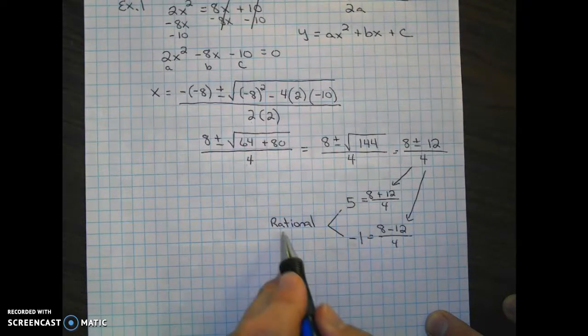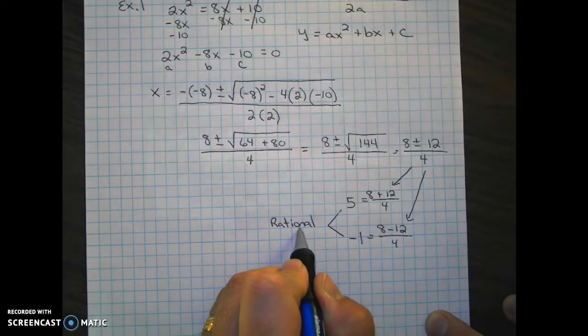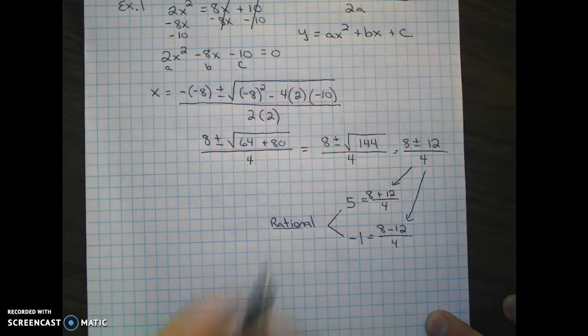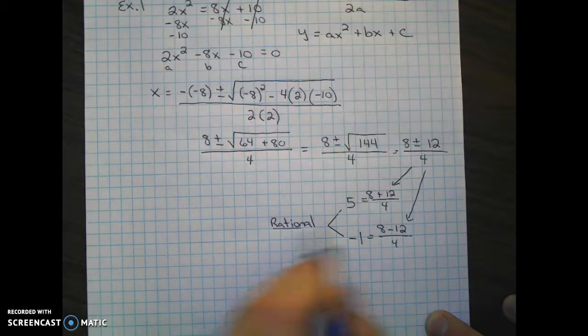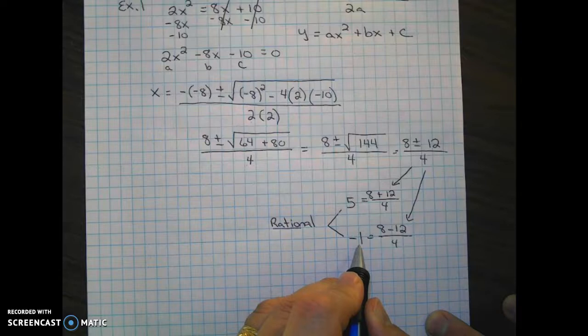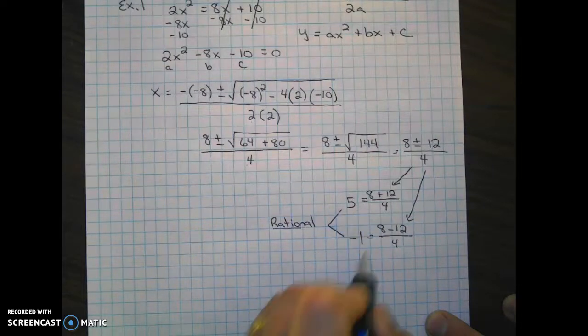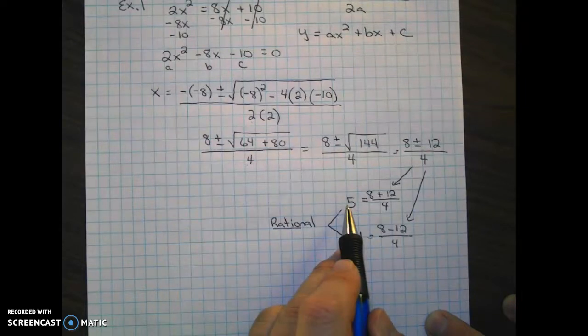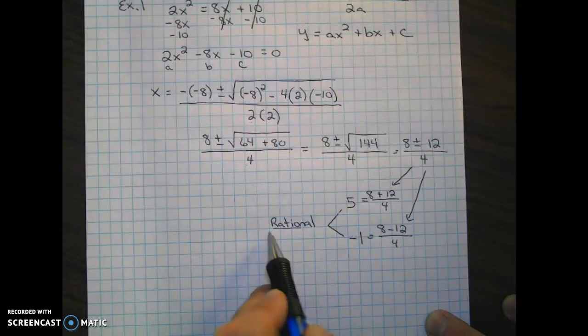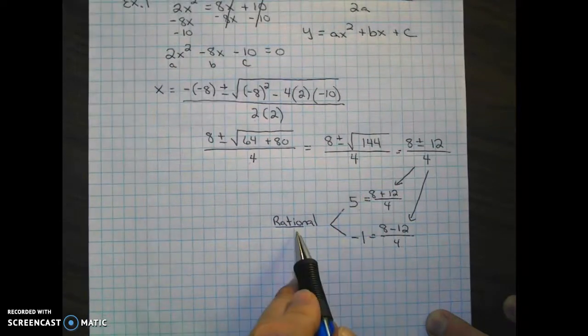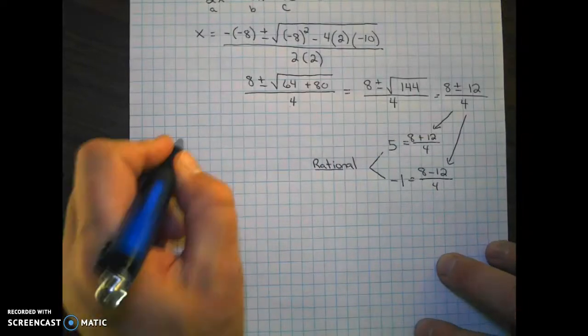What makes them rational? If you'll notice the word ratio. The word ratio means fraction. Both of these numbers can be put into fraction form. If I put it over 1, then they're both fractions. So anytime a number can be put into fraction form, then you have a rational number. Okay, so let's look at another example.